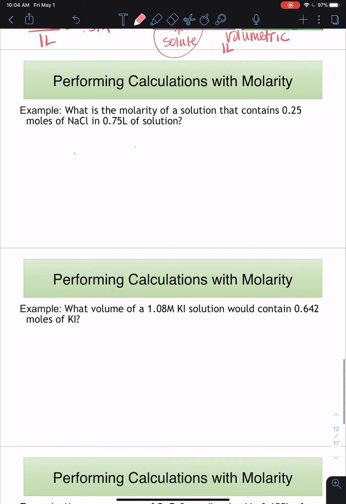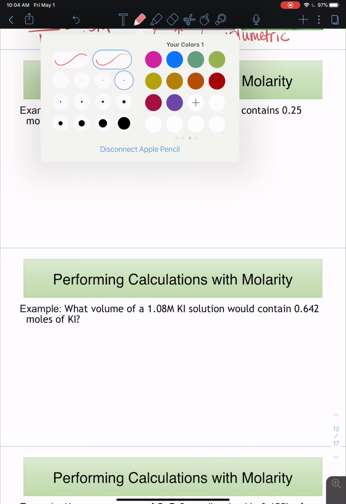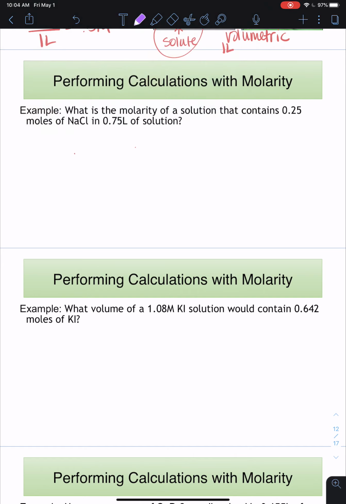All right, so let's get to the fun stuff. Calculations, yay. Okay, so this first one's pretty simple because it just says, what is the molarity? So our question is, I want pretty colors. Let's use these. Our question is molarity.